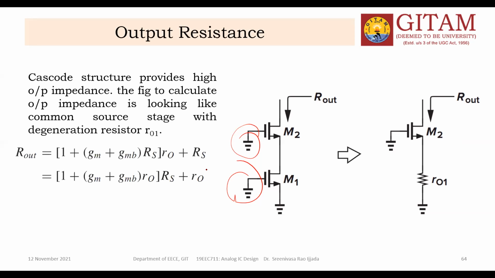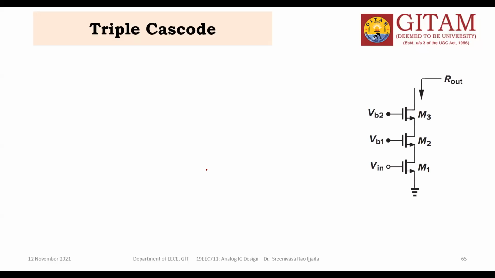Triple cascode. Earlier, two transistors connected one upon another, we called a cascode. What is a triple cascode? Three transistors connected in such a manner. For what purpose? To improve the output resistance.